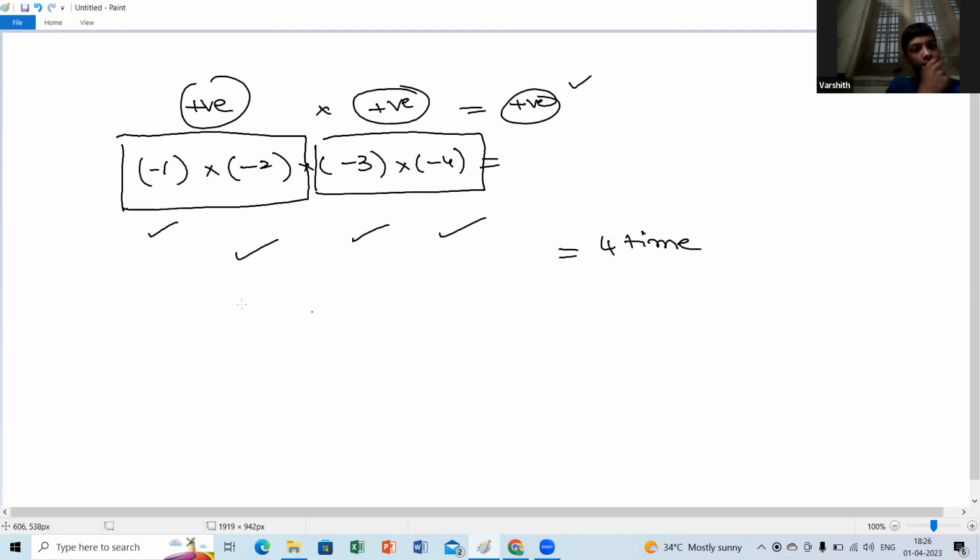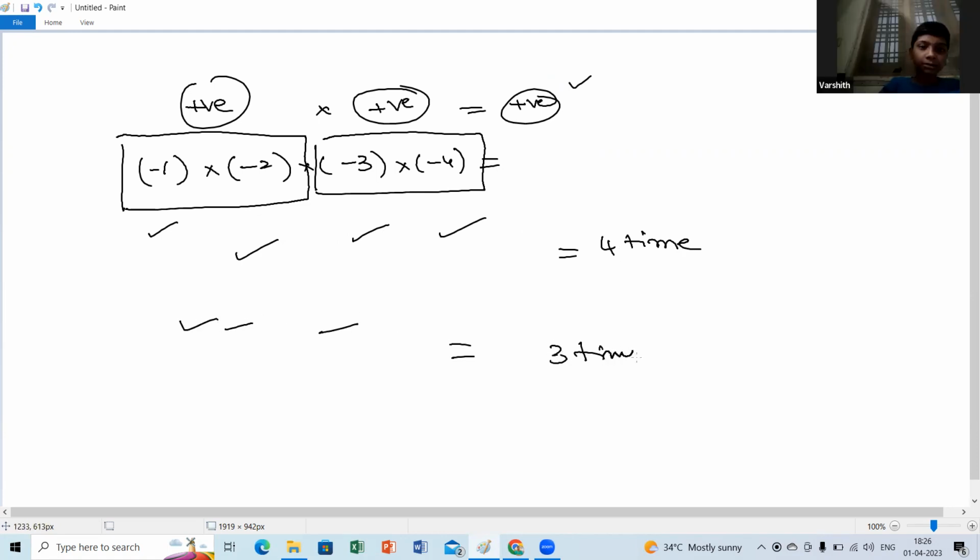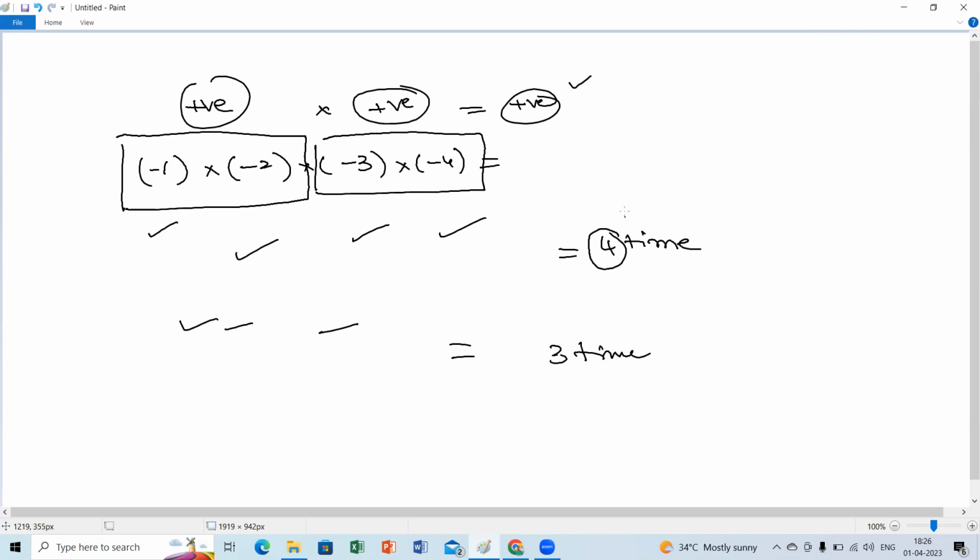In the previous example, the negative sign occurred only 3 times. So 4 is an even number here, and 3 is an odd number. If an odd number of negative signs occurs, you get a negative result. If an even number of negative signs occurs, you get a positive result. I'll give some examples right now.